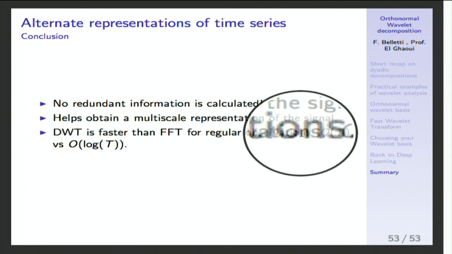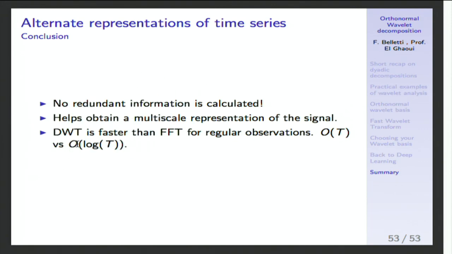Incidentally, sorry, it's O of T log T here. We got an algorithm to decompose time series that's faster than FFT and to a certain extent better, more able to capture irregular and non-stationary signals, which is a great byproduct of the wavelet decomposition.